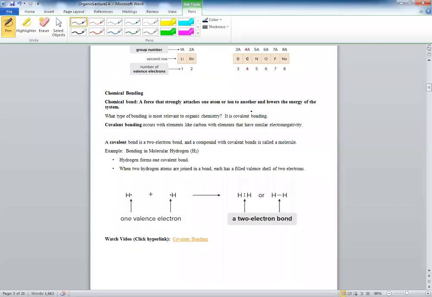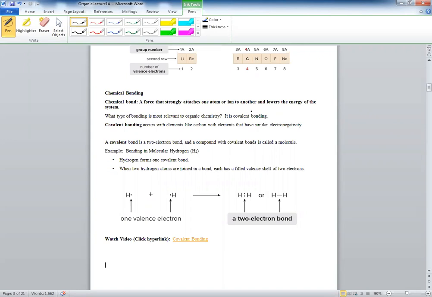Covalent bonds or covalent bonding is the real deal when it comes to organic chemistry. Organic chemistry is the study of carbon molecules or carbon compounds, but the word compound is not possible without attaching these atoms to each other.